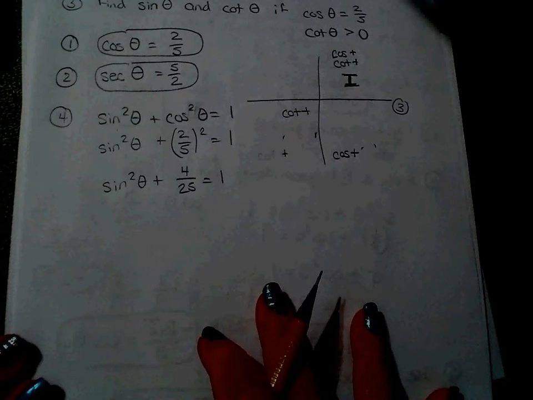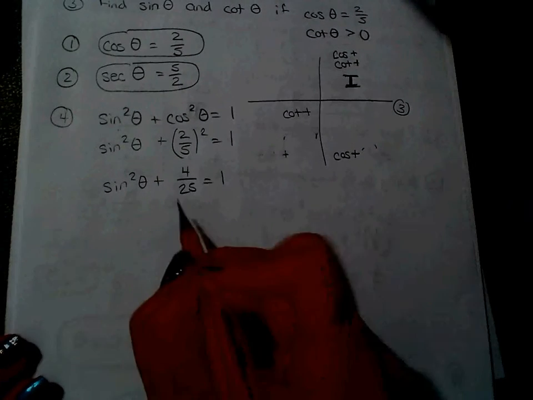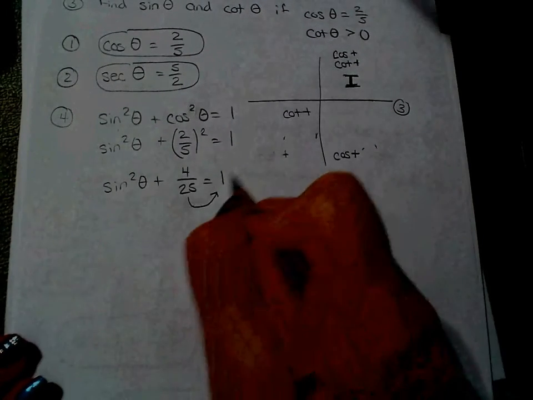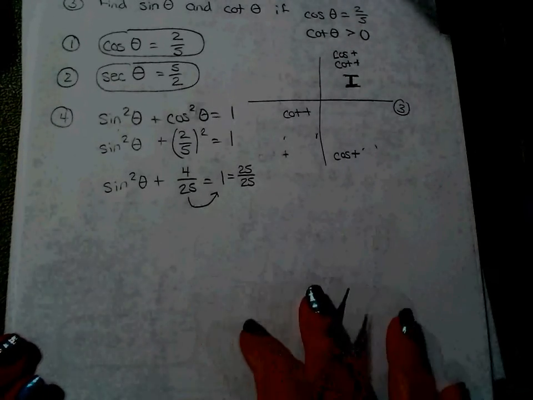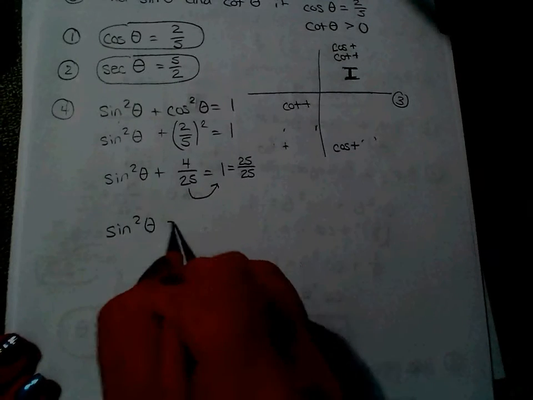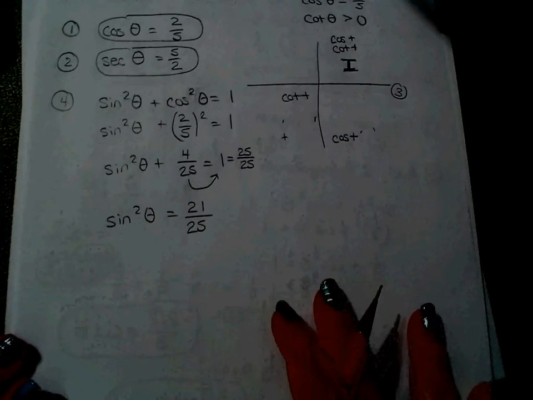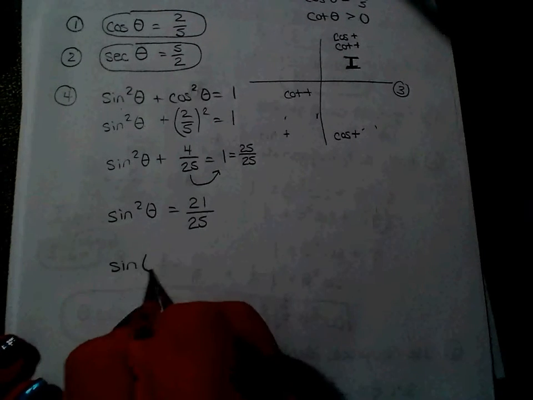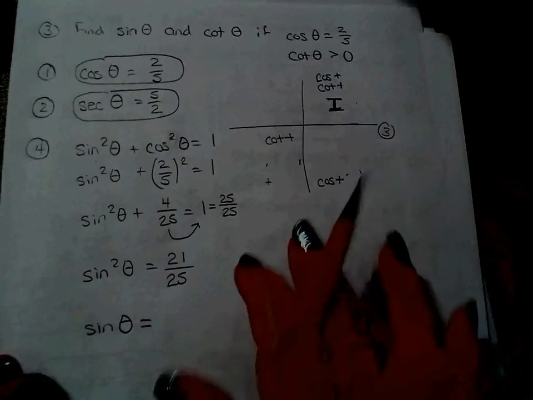I got that because 2 times 2 is 4 and 5 times 5 is 25. Throw it over to the other side. I know that 1 is 25 25ths. So when I throw 4 over to the other side, I'm going to have 21 25ths, because I'm subtracting. I take the square root of both sides, and I don't need the negative one because it's in quadrant 1 and everything is positive.